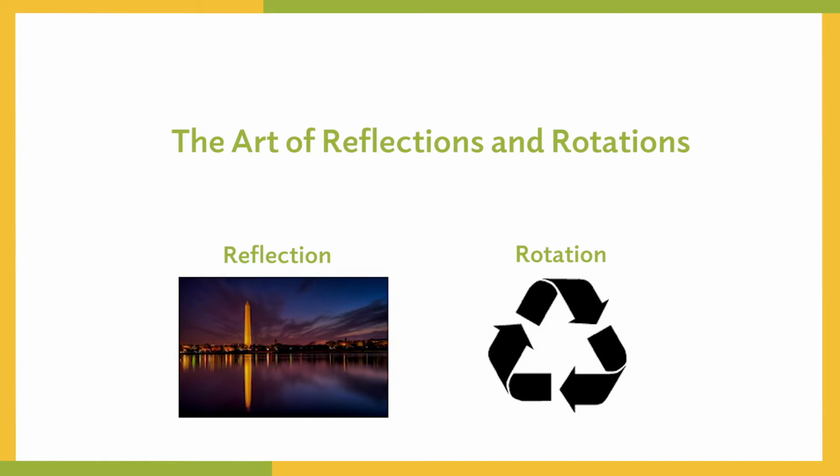So it's a flip, and it can be a flip in any direction. In this case, that takes on the appearance of a horizontal flip, but it could also be a vertical flip. A rotation is a turn. So reflection is a flip and a rotation is a turn.